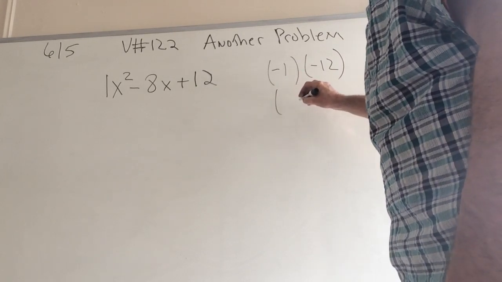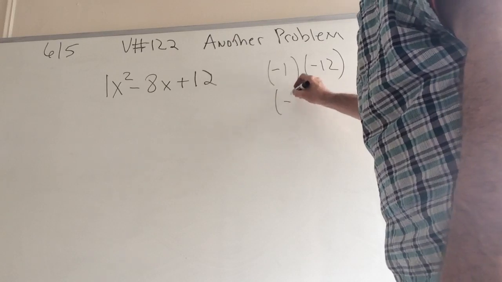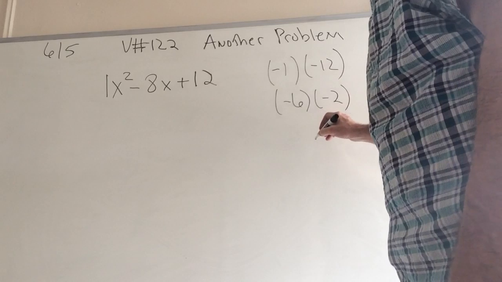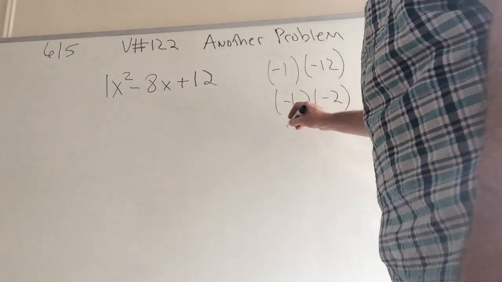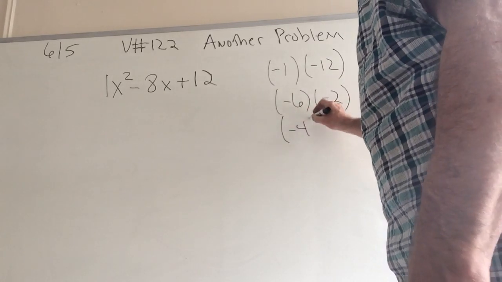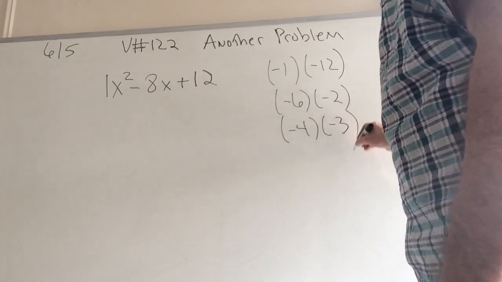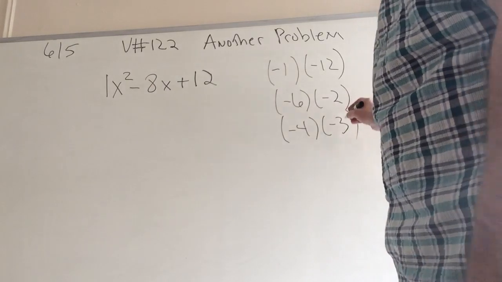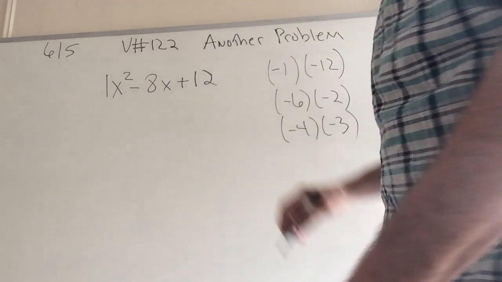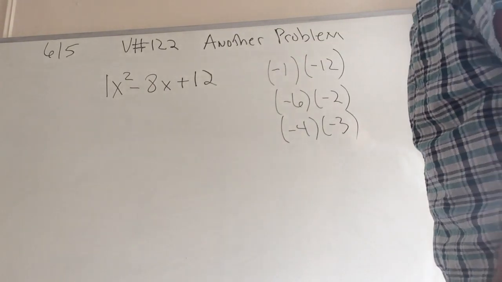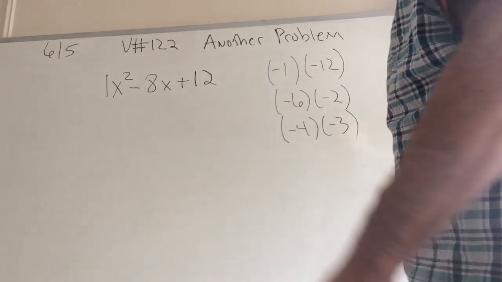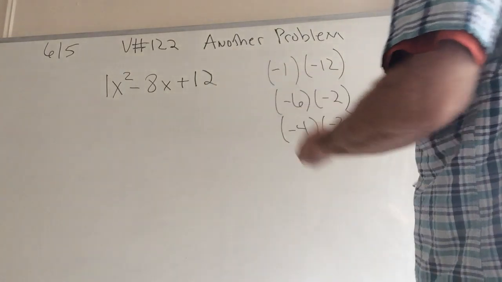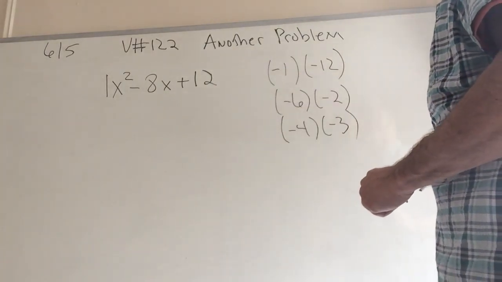And let's see, negative 6 times negative 2 works. And finally, negative 4 times negative 3 works. So there I am. I can't really think of anything else that works. Negative 3, negative 2, I could have written it in any order. We talked about that. These are all the possibilities. Only the product of these plus what they equal is going to add up to negative 8.